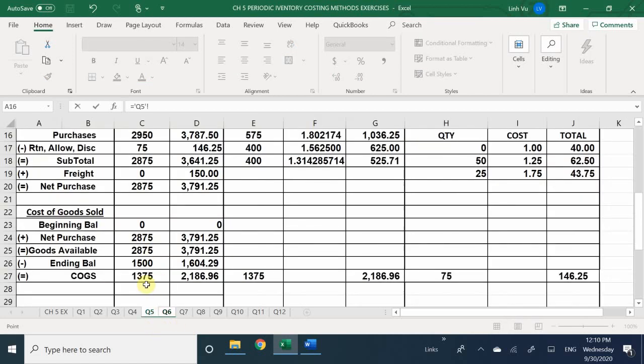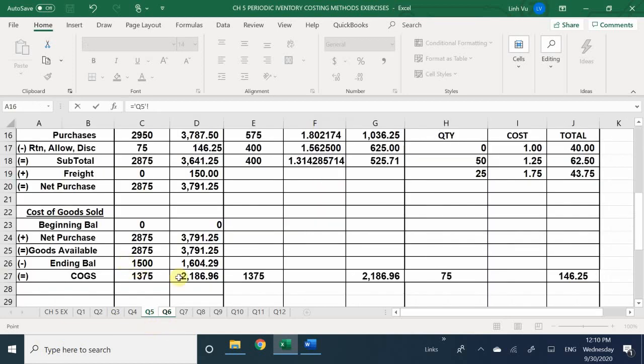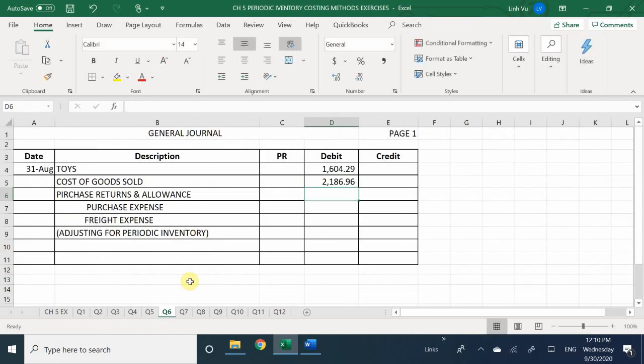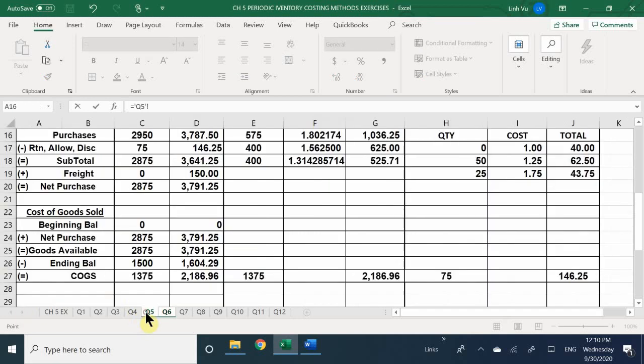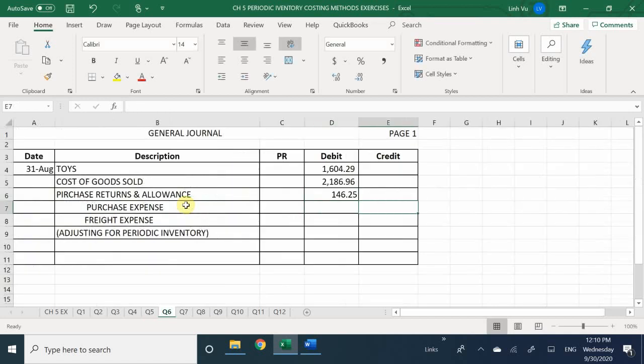So here, my ending balance is going to be for the 1,500 for that amount. Here, my cost of goods sold is going to be for the 1,375 items. My purchase returns and allowances were for the total of $146.25.